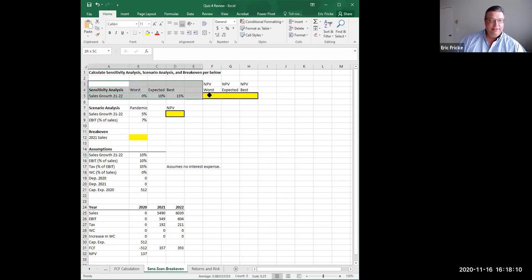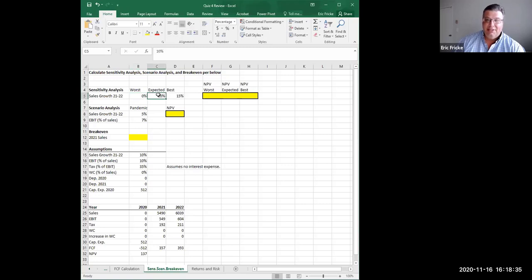So first off, this is the part for sensitivity analysis. And what I'm doing here is I listed sales growth from 2021 to 2022 as the thing that we want to do sensitivity analysis on. I've listed the worst or pessimistic case of sales growth for that year at 0.